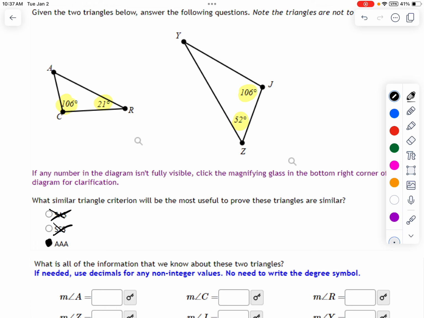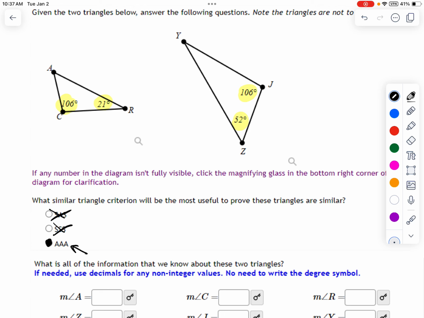Okay, now you might be wondering, gasp! This is angle, angle, angle similarity, which means we need three angles, but we're only given two. Well, don't freak out, because this is just a quick mathematical theorem: the internal triangle sum theorem.